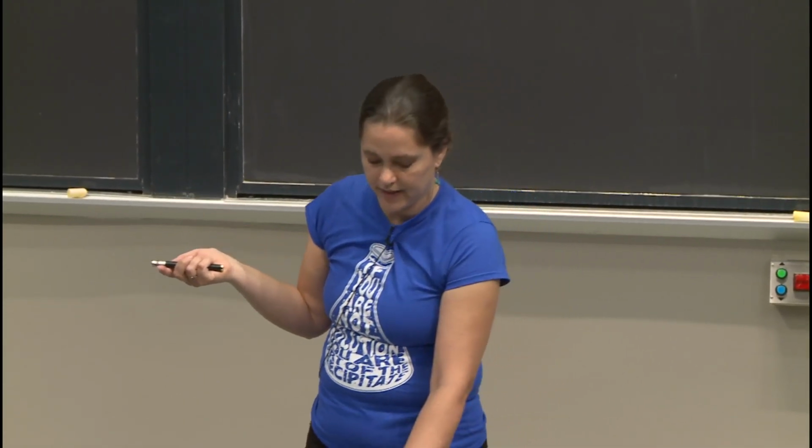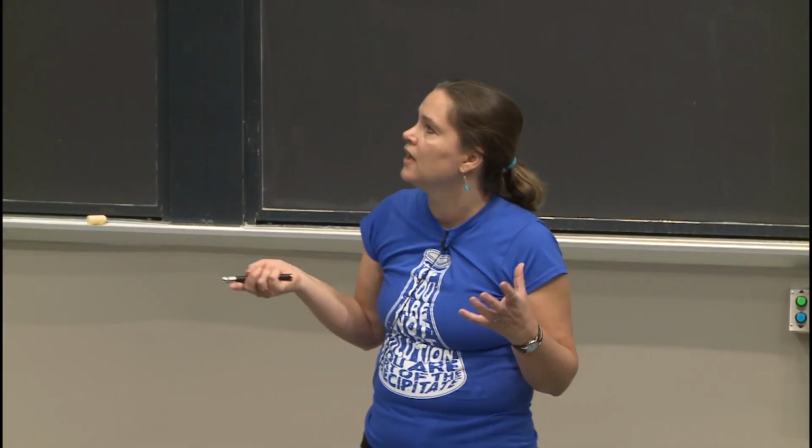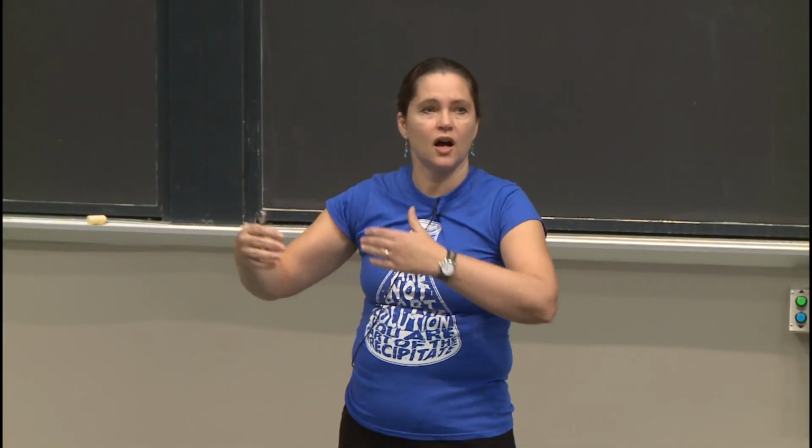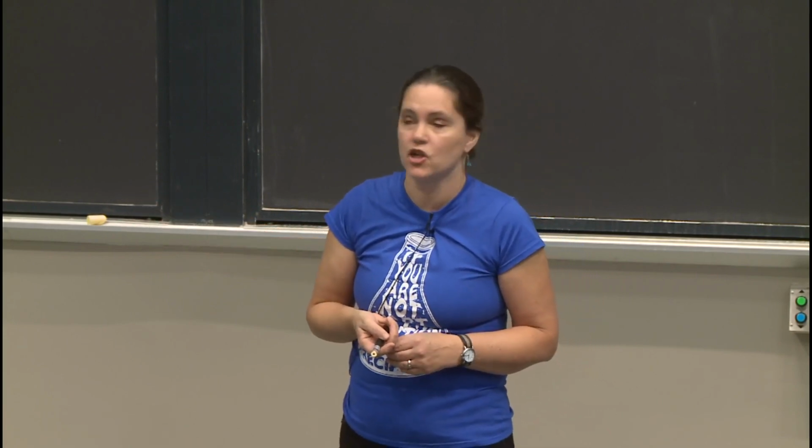We don't have our reactant in this equation because it is a solid, so it doesn't appear in the equilibrium expression. So our equilibrium expression, which here has the special name of Ksp, is just the concentration of each ion in solution multiplied together.